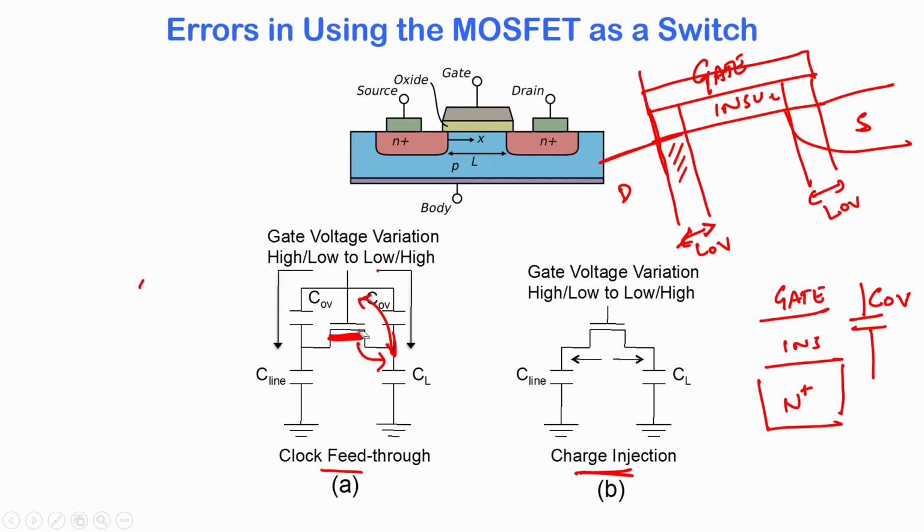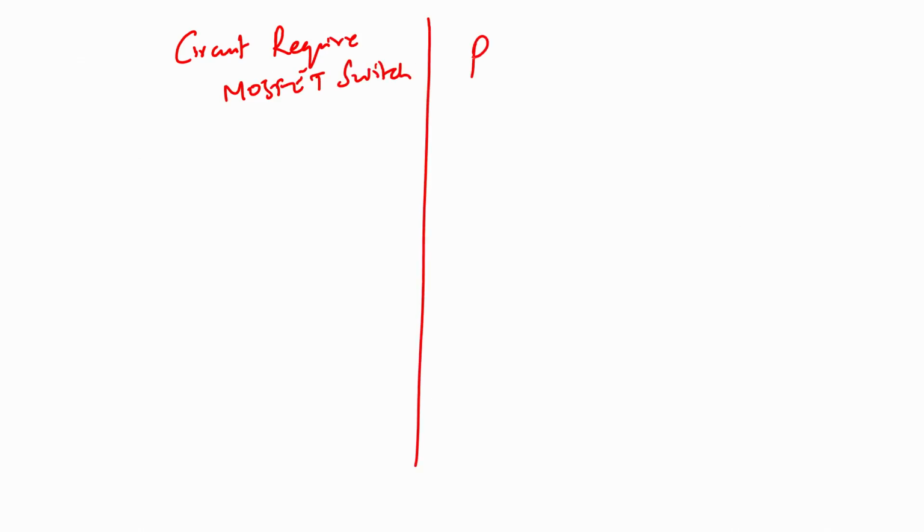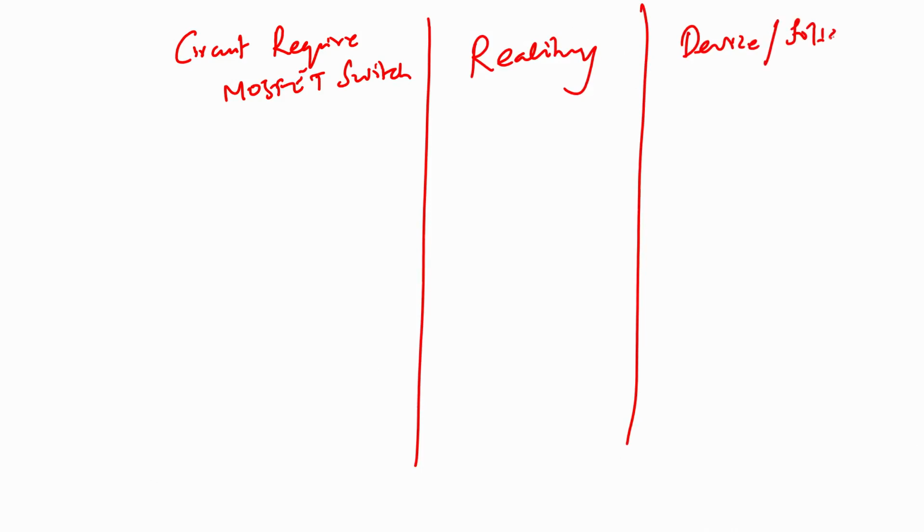So, with that, we will conclude our discussion on the use of the MOSFET as a switch. To summarize, let us see what connections we can make between the circuit application, the circuit requirements of the MOSFET as a switch, the reality of what can be expected, and the device or solid state physics, the property that governs this connection.